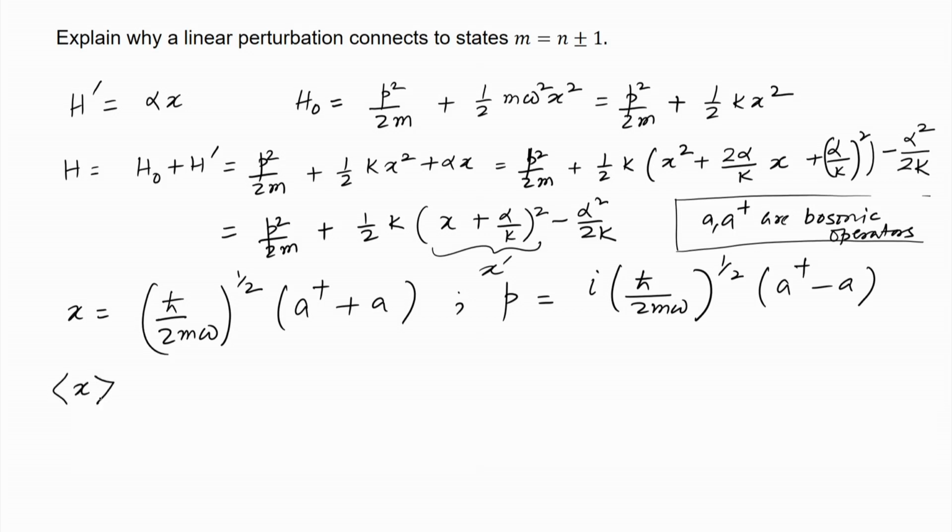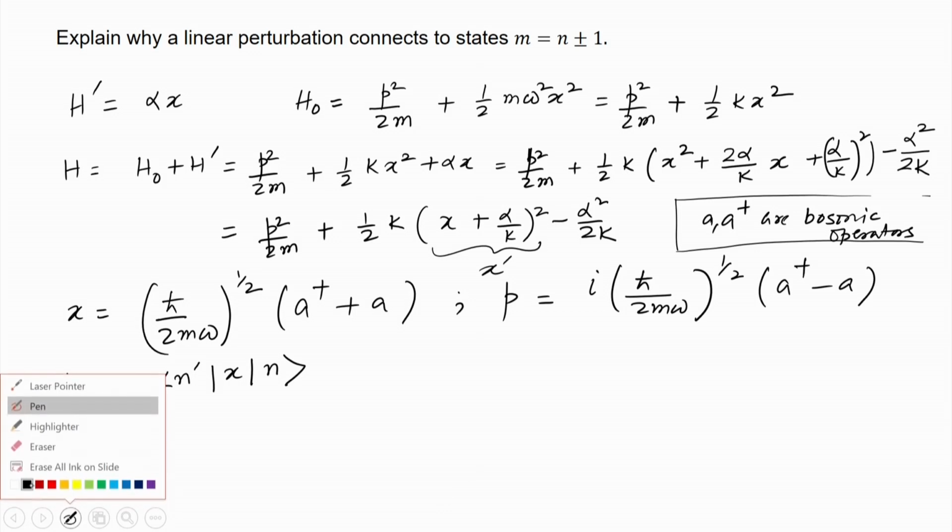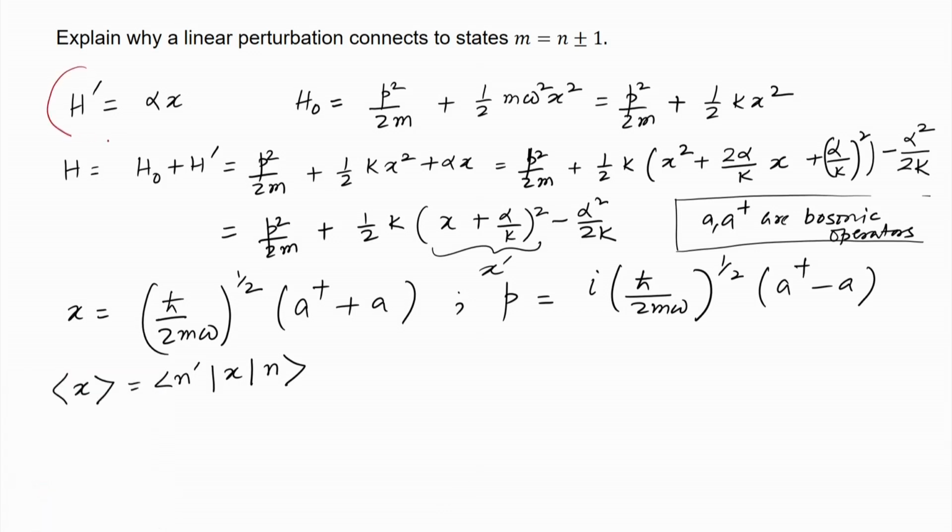x, which is the first order correction, that is equal to n prime x n. Now, this has to be evaluated in order to calculate the first order correction due to this term, which is the perturbation.